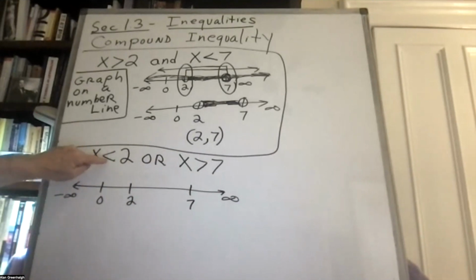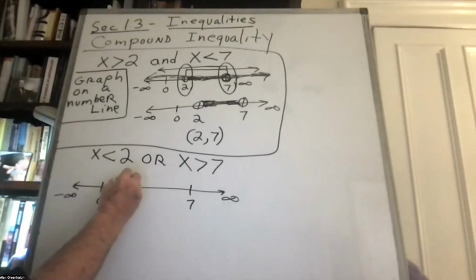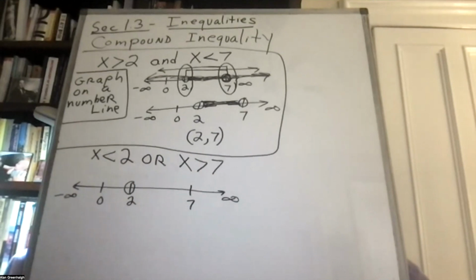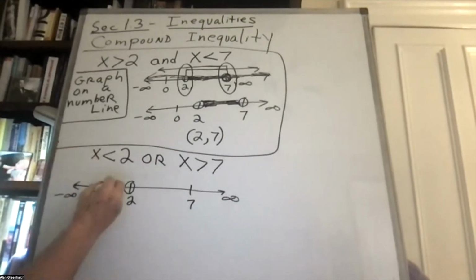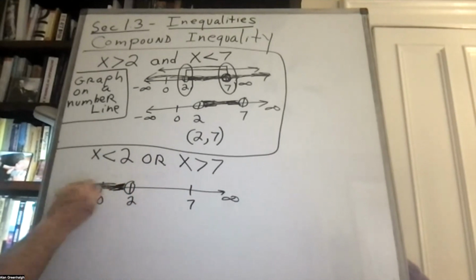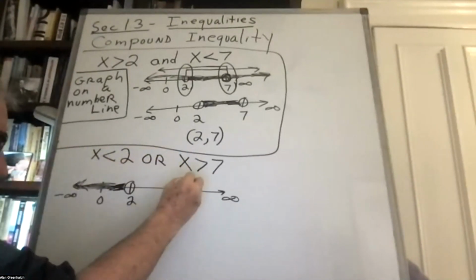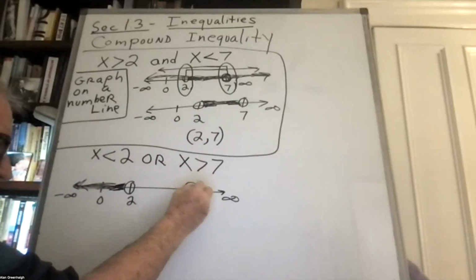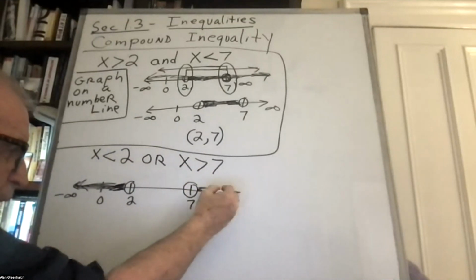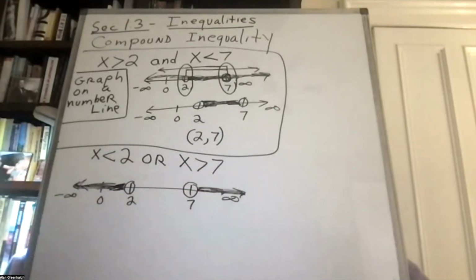Now, this one means that starting at 2, we want everything less than 2. This one means x is greater than 7, an open circle at 7. Everything going in this direction. There's no overlap.